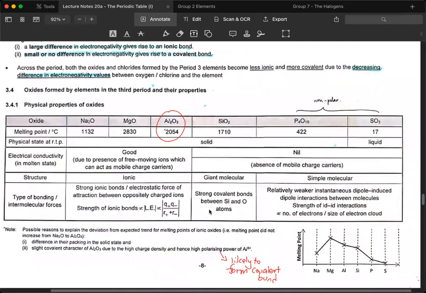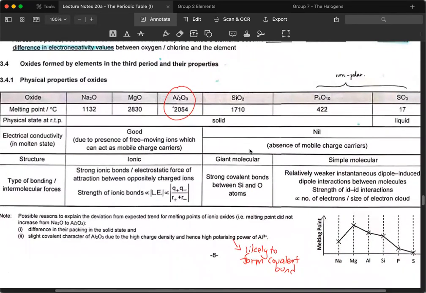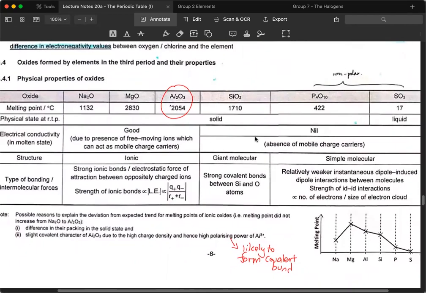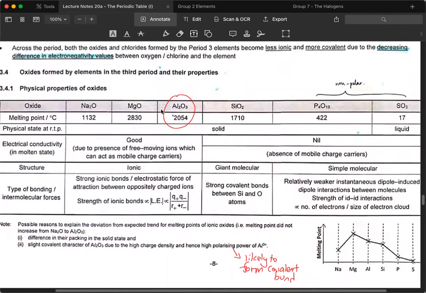As for the non-metal oxides, electrical conductivity is none because of the absence of mobile charge carriers. For silicon dioxide, it has a very high melting point, but not as high as magnesium oxide, though still high. It is considered to have strong covalent bonds.